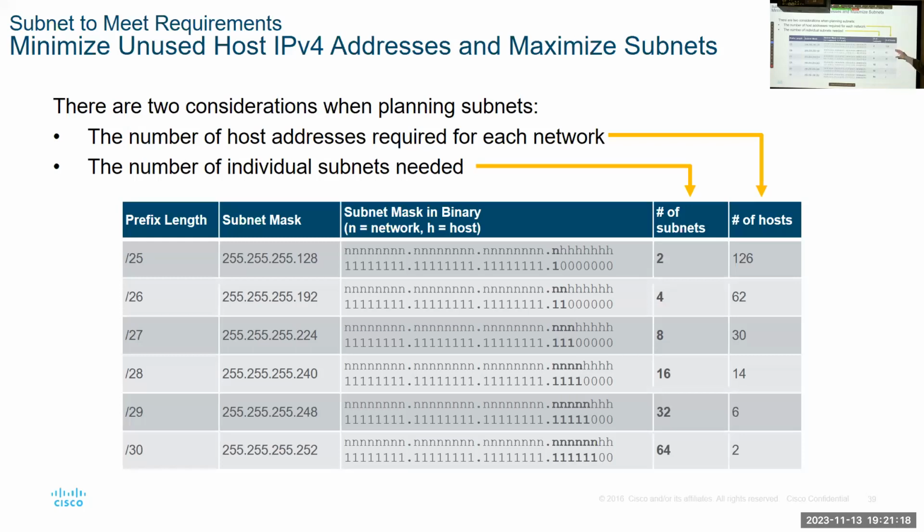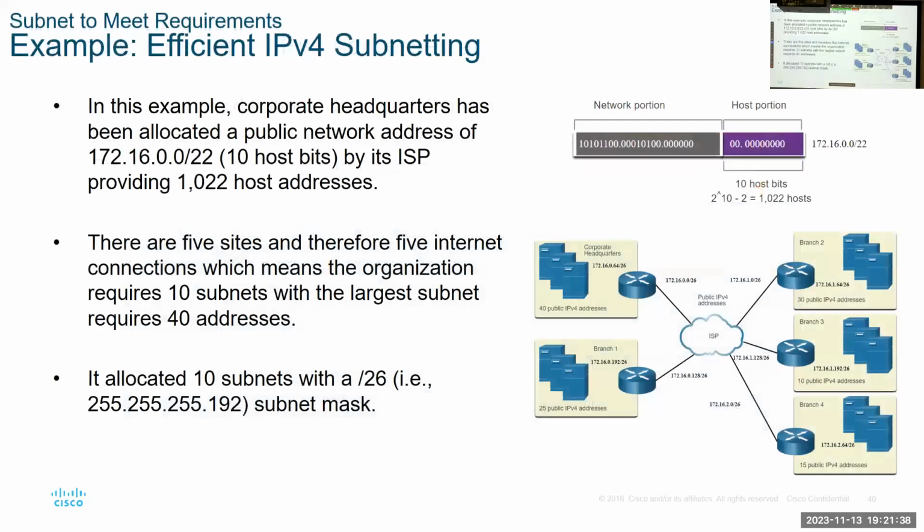Going the other way, if they say you need to accommodate 62 hosts per subnet, that means you need 6 host bits, 6 zero bits, and the rest are binary ones in your subnet mask. All right, so let's see if this gives a problem.